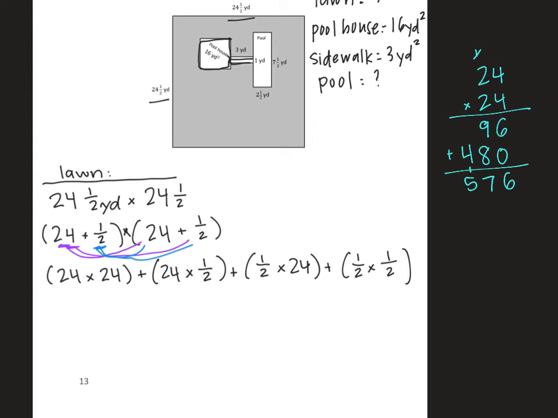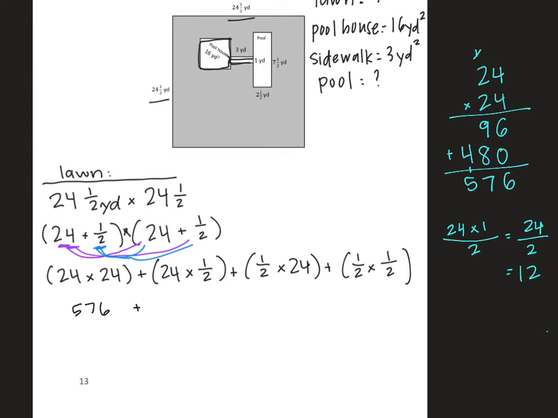Okay, so we're going to come back over here, and now I know that 24 times 24 is going to give me 576 plus 24 times 1/2. All right, so 24 times 1 over 2 is going to give me 24 halves. And I know that 2 goes into 24 12 times.